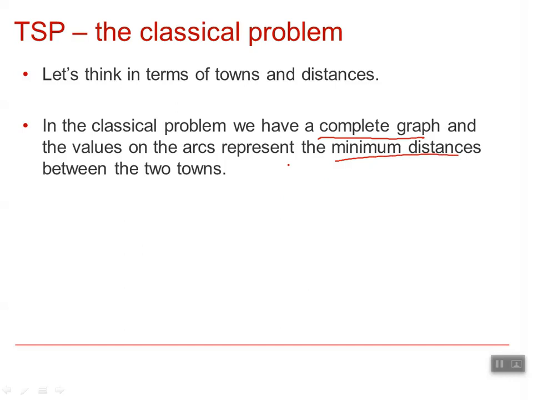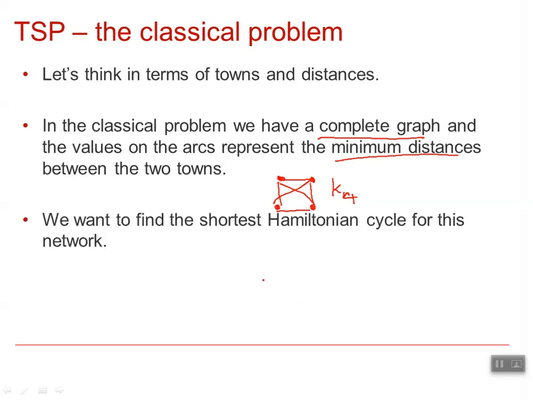Just a reminder of what a complete graph is: every vertex in a complete graph is directly linked to every other vertex. For example, this is the complete graph K4, because it has 4 vertices and everything is linked to everything else.